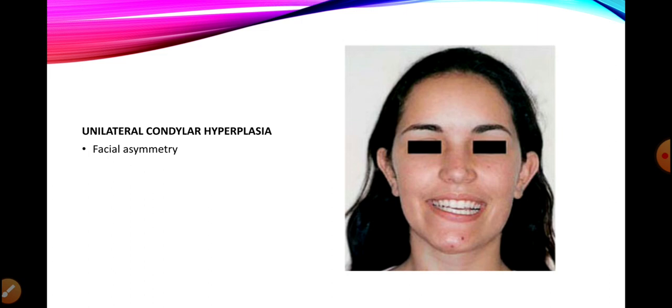Whereas the etiological factors contributing to the posterior open bite are unilateral condylar hyperplasia, the eruption disturbances, and the problems in the permanent dentition, particularly the mechanical failure of eruption and the primary failure of eruption. Then we discussed the infraocclusion of the ankylosed primary molars and the early exfoliation of the molars.